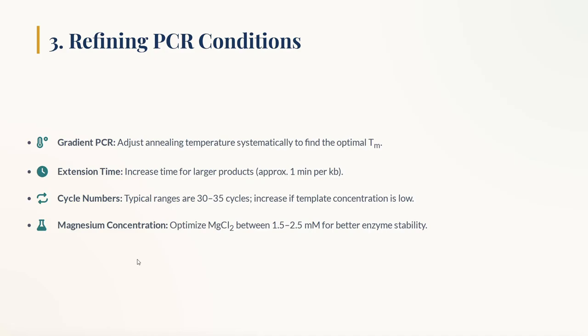So next is PCR conditions, gradient PCR. Most labs have been taught to set up a temperature gradient. Okay, a temperature gradient of annealing temperature, and you can also set up a temperature gradient for your denaturation temperature.